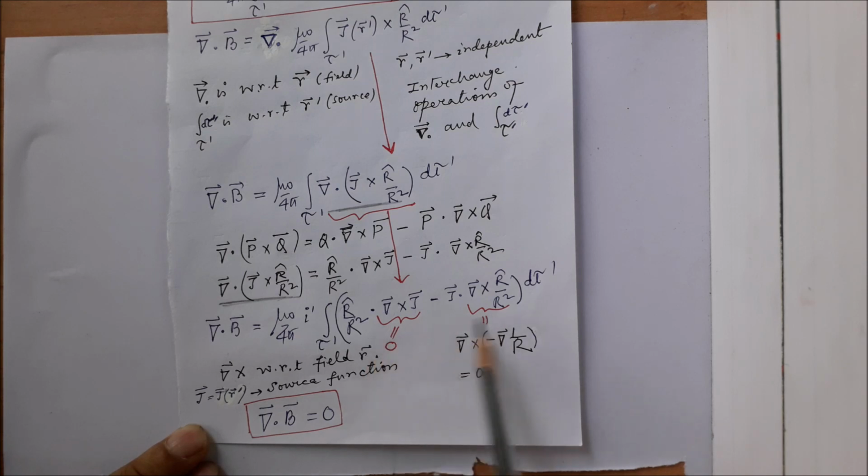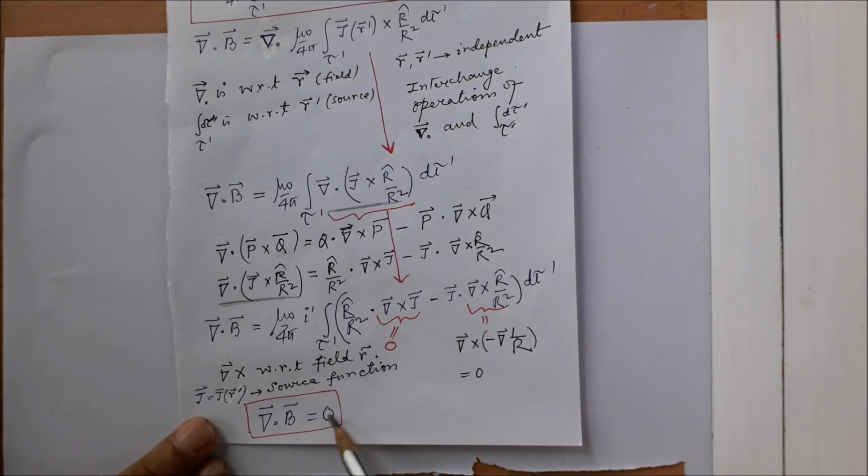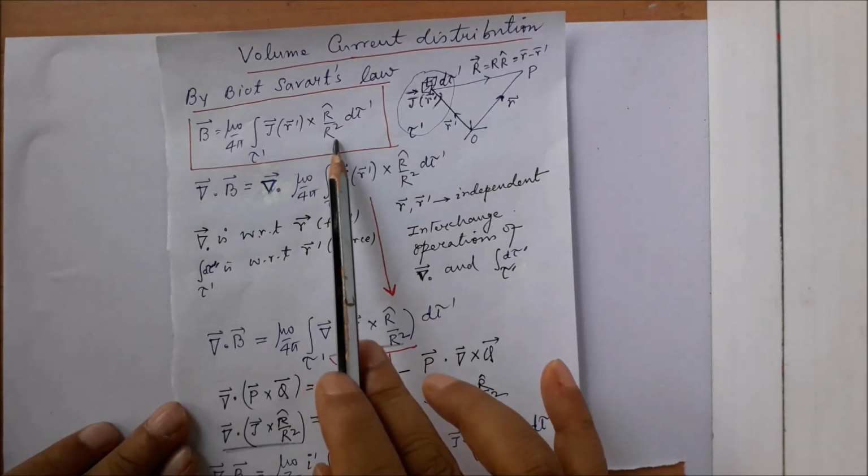Now each term is 0 because here vector J is a source function, but it is operated upon by curl, which is a field operator. So this is 0, and here as before we have r cap by r square, which can be expressed as minus grad of 1 by r, and curl grad comes into the picture, which makes it 0. So what we have is divergence B equal to 0, and this result follows from Biot-Savart's law.